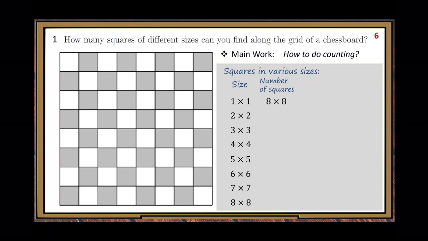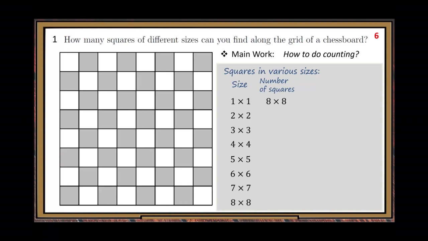Okay, because how do we get that 64? Horizontally, there are 8 different unit squares, the sides of different unit squares, and vertically, there are 8 different sides of the unit squares.